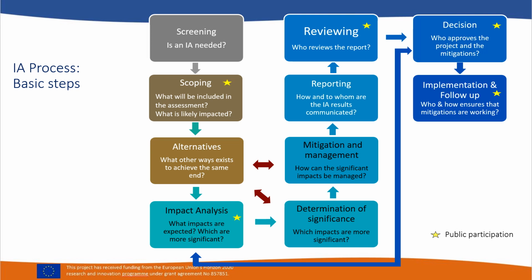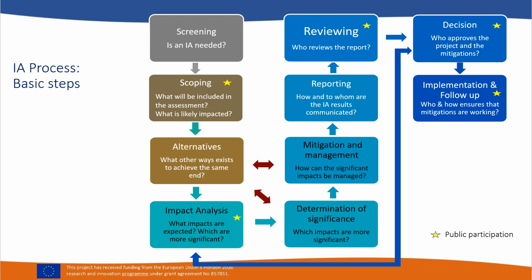The next step is scoping, and that is when the content of the impact assessment is decided. For that, there are different steps that involve, for example, knowing the characteristics of the project, the location, what elements of the environment might be affected, but also considering the concerns of people or other authorities.